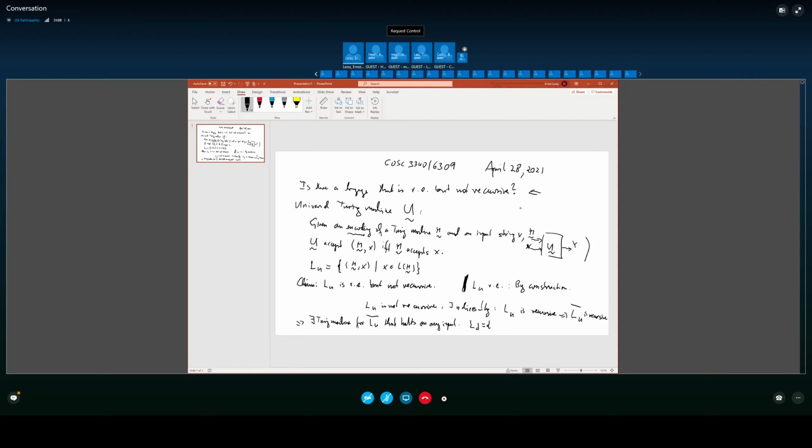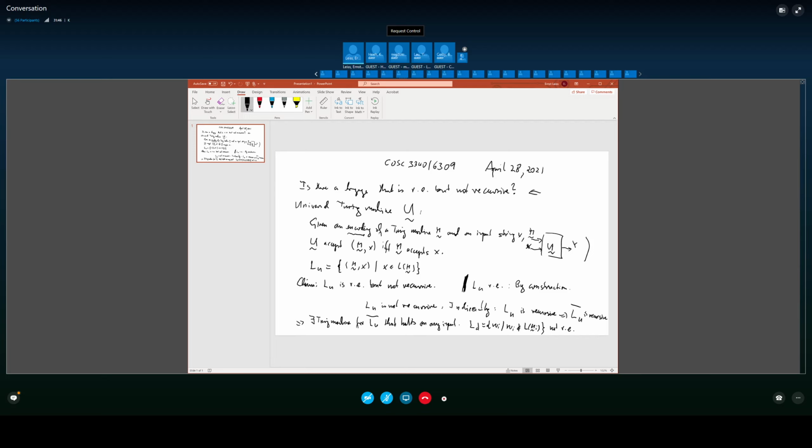The set of all W_i such that W_i is not in L of M_i. The W_i are an enumeration of all words of the alphabet of input symbols, and the M_i are an enumeration of all the Turing machines. Now, we've already shown that this is not RE. That was something we did last time.